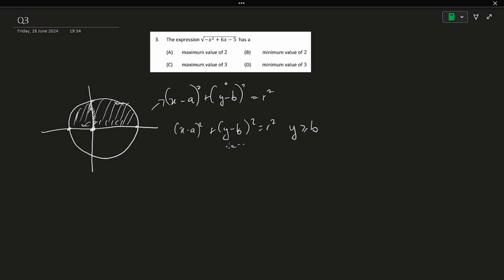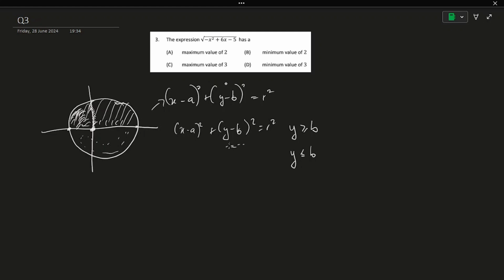So saying y should be greater than or equal to b gives us the equation of the upper circle, which is the semicircle. And if y is less than or equal to b, we get the equation of this lower part. So now let's see if what we have here resembles this.